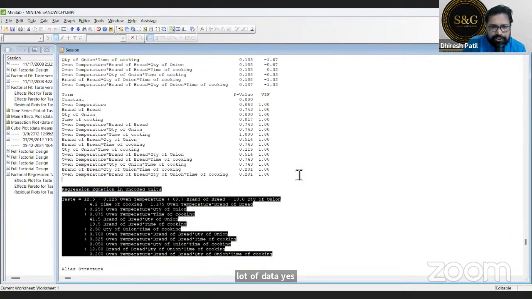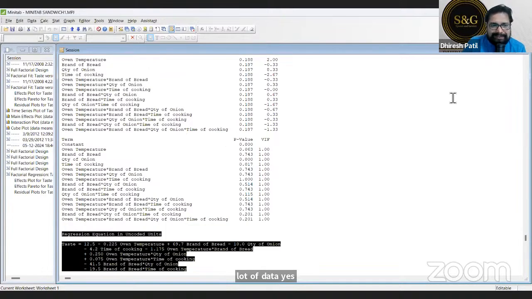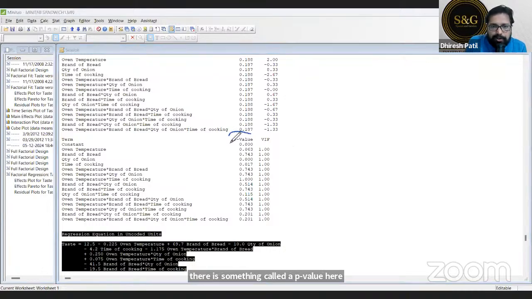So let's look above the regression equation. Just observe this. There is something called p-value here. Just forget about VIF. VIF is variance inflation factor. Sometime I will take a separate session on VIF and so on.